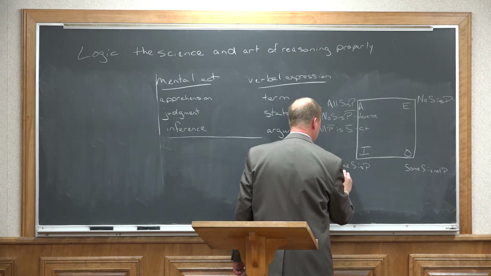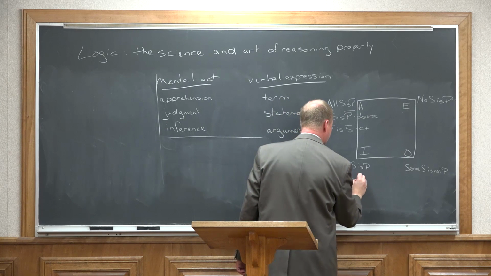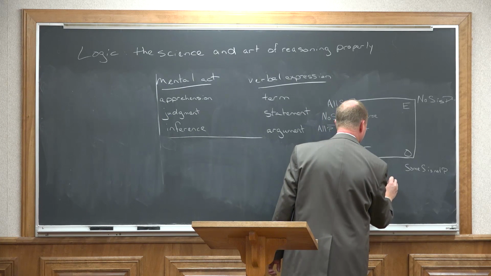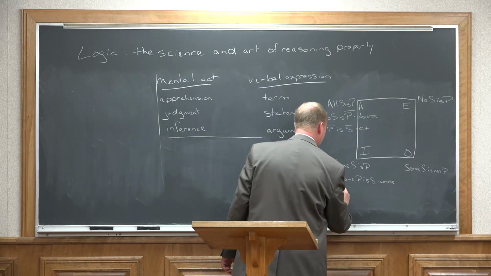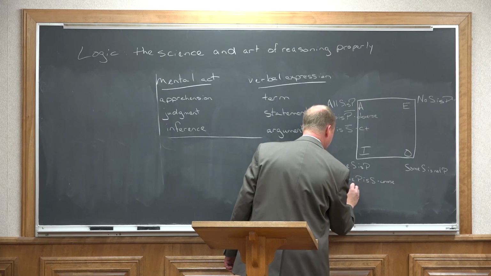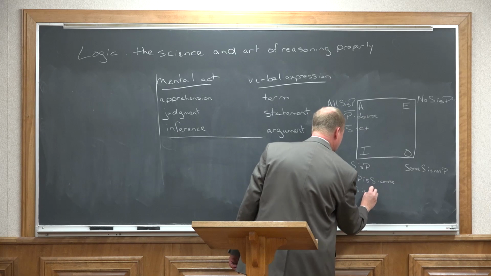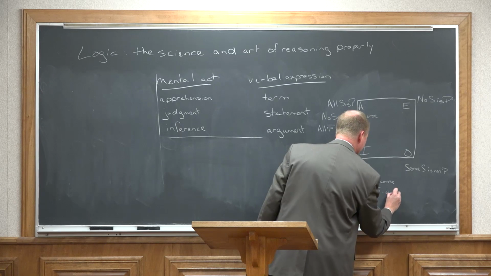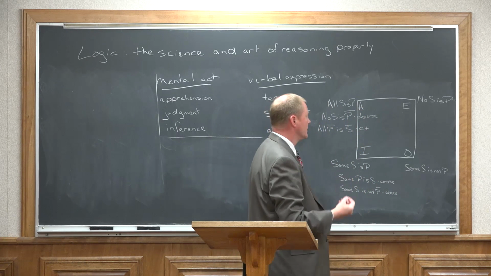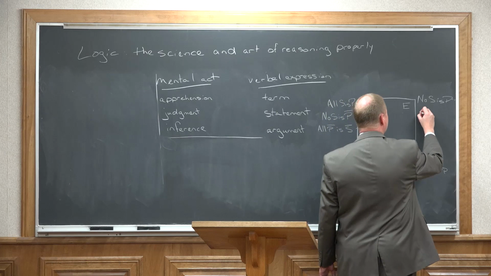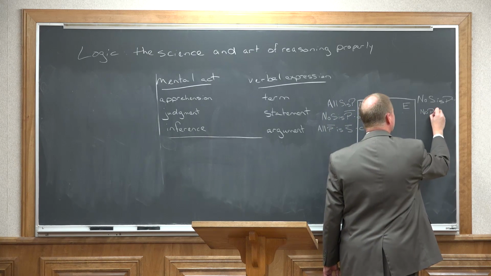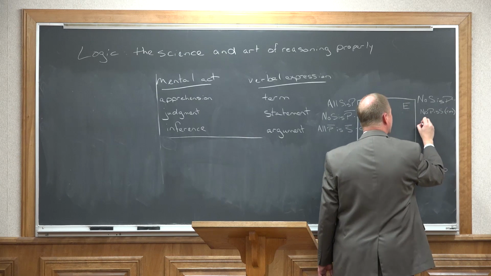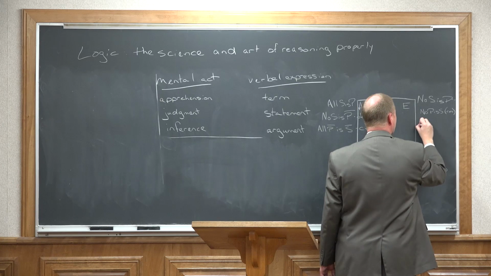Some S is P. You can use converse. Some P is S. And obverse. Some S is not non-P. No S is P. You have no P is S. That's converse. And you have obverse.